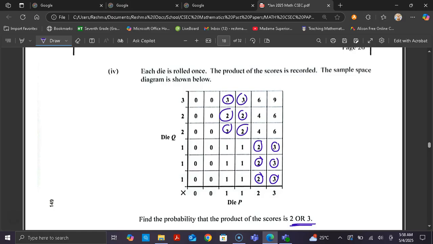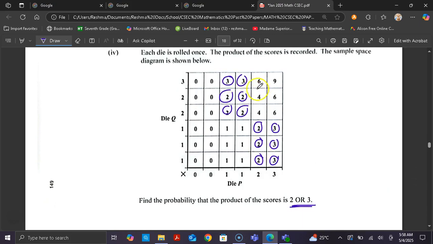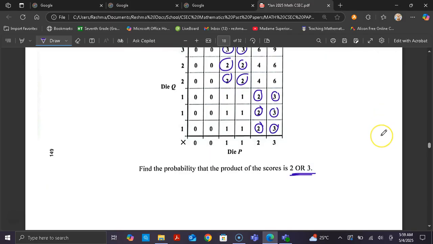So altogether, when the product of the scores is 2 or 3, that will be 7 plus 5, which is 12 out of 36 possibilities, because remember it's 6 possibilities for die Q and 6 possibilities for die P, so that's 6 by 6, 36. So it's 12 out of 36, which is 1/5.